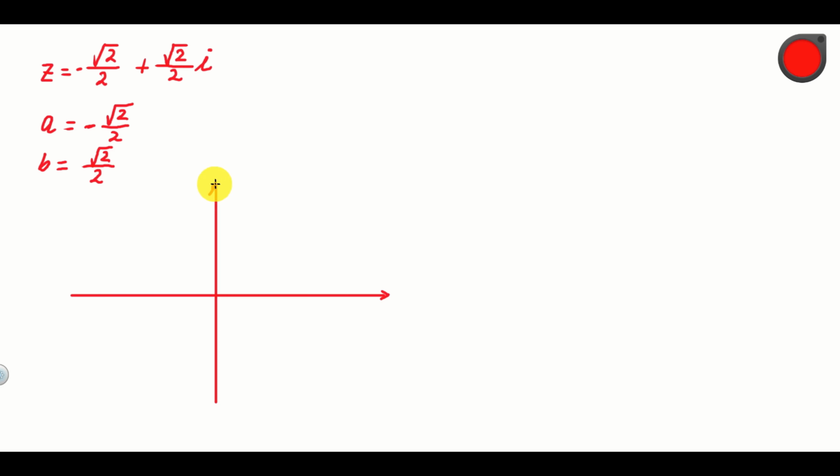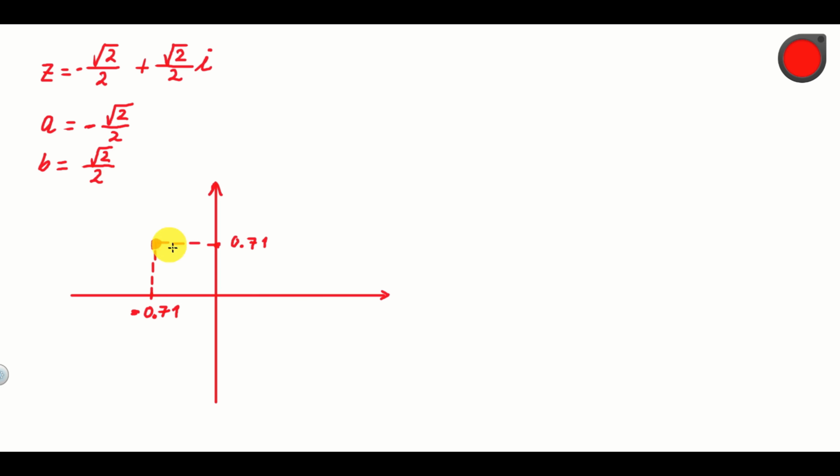Square root of 2 over 2 is approximately 0.71. Consequently, we will have a over here, minus 0.71, and we will have b over here, 0.71, and our complex number is located over here.